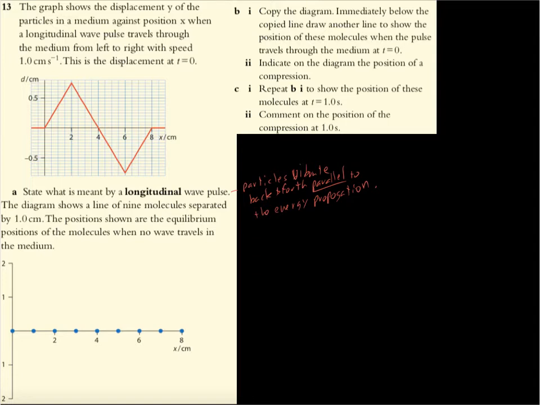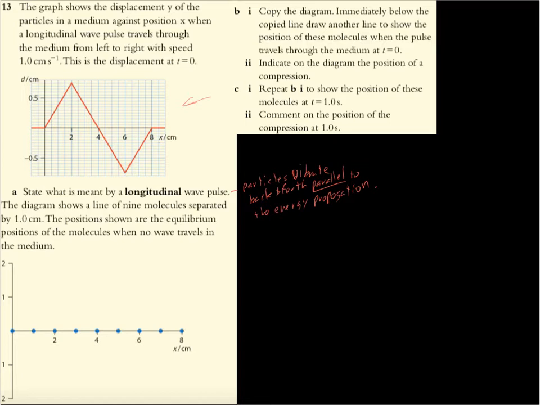Okay, it's copied. Lovely. Good job, me. Immediately below the copied line, draw another line to show the position of these molecules when the pulse travels through the medium at t equals 0. Okay, now that's what they've given us this graph up here for, to tell us what is happening to each of those particles at time 0. All right, so let's go ahead and look at it.